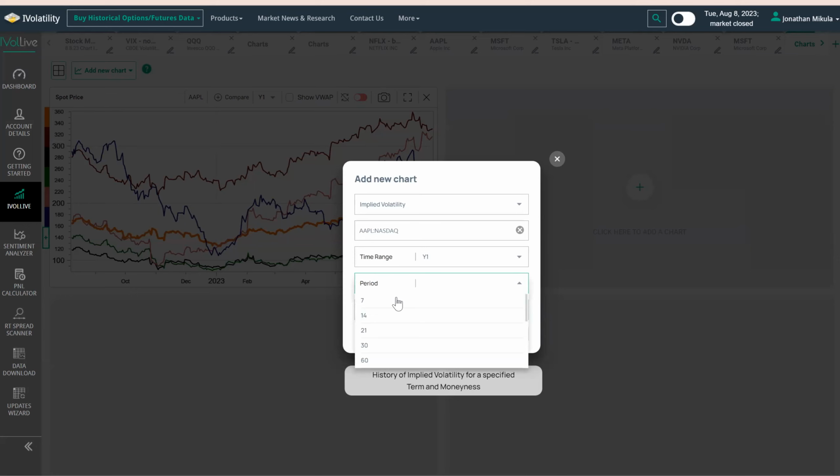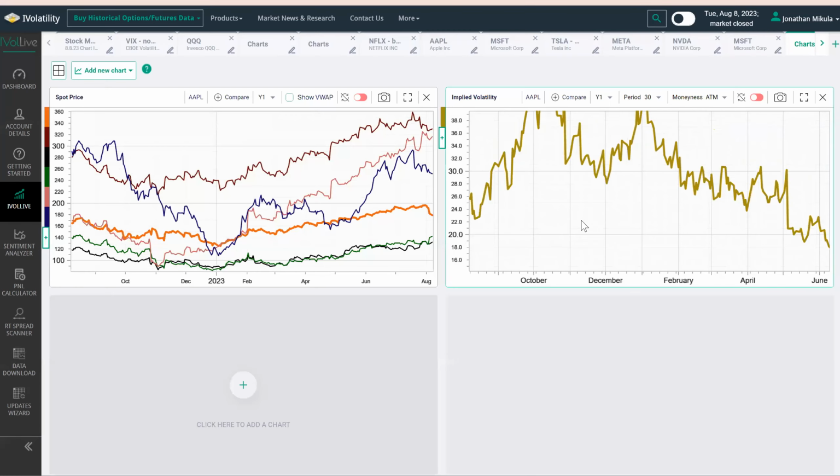And then for our implied volatility, again, we have as near term as options that expire in 7 days, and as far out as options that expire in 1,080 days, right? So the most popular of those is typically IVX 30, and then at the money, right? Or again, depending on if you're an out of the money type trader, choose whichever suits your trading style best.